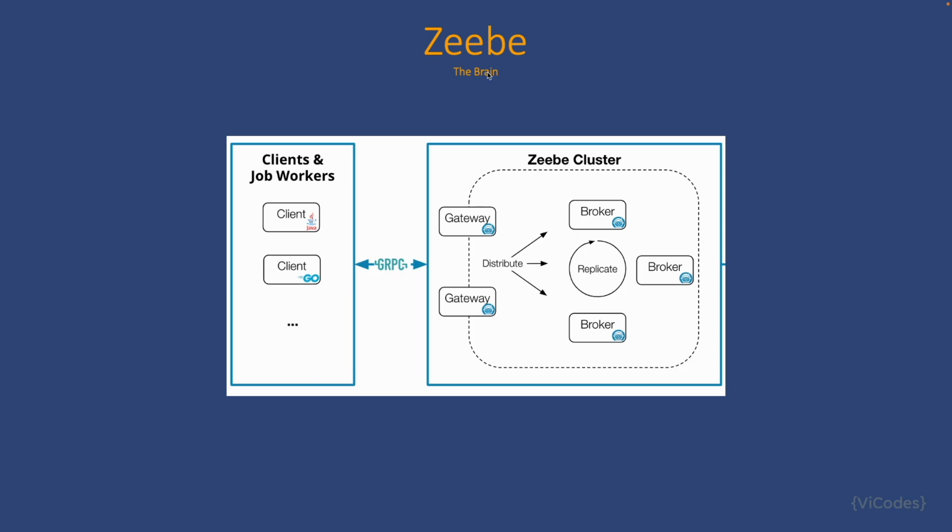Okay, now jumping to the core components, we have Zeebe here, the brain of the Camunda platform. Zeebe is the brain behind all the workflows, decisions, and rules. Zeebe orchestrates the jobs across the services and workers to execute the complete workflow. Here in the diagram, you can see we have a client interacting with the Zeebe cluster via the gRPC protocol.